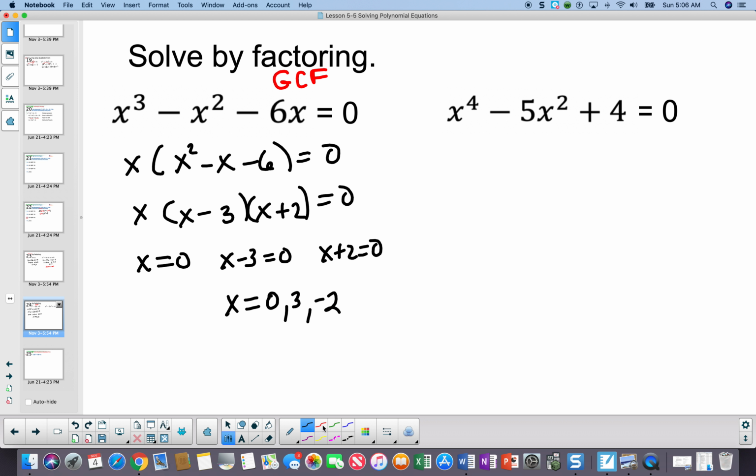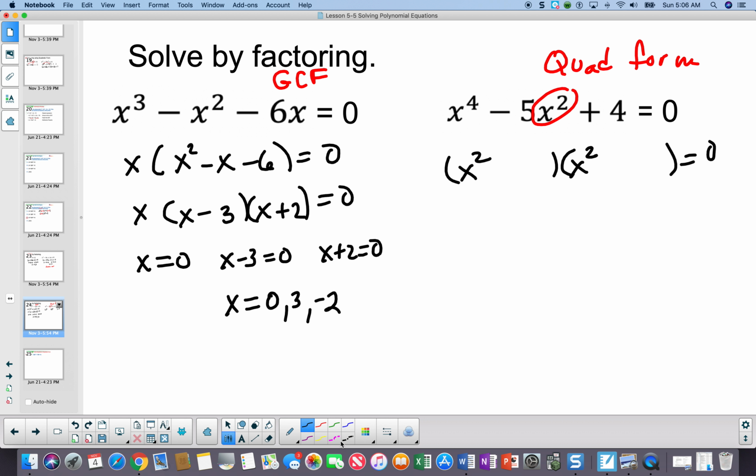Now I'm going to use the quadratic form here. I'm going to look at that as I go ahead and factor. So I'm going to write x squared, and I'm going to put minus 4 minus 1. And I can tell my outer and my inner are going to add up to negative 5x. Okay, this is a difference of two squares, so I'm going to continue factoring.